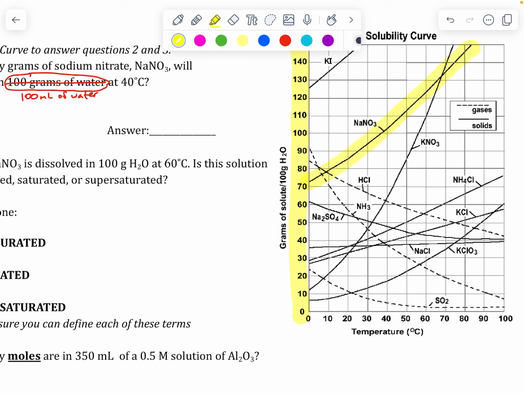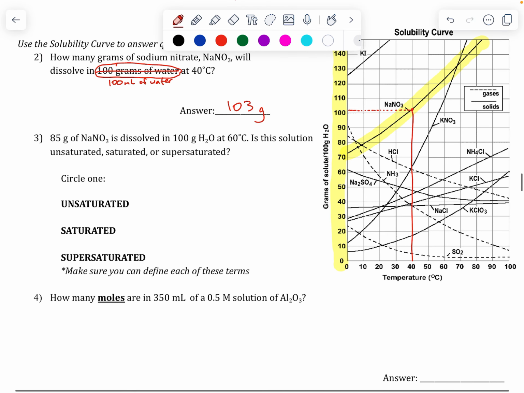I ride up the 40 because it asked me at 40 degrees, straight up until I hit that line, and this is where it would be saturated, because it's directly on the line. That's the maximum amount we can have, and you eyeball going over. It's about 103 grams. This is going to be multiple choice, so you pick the closest value to that.